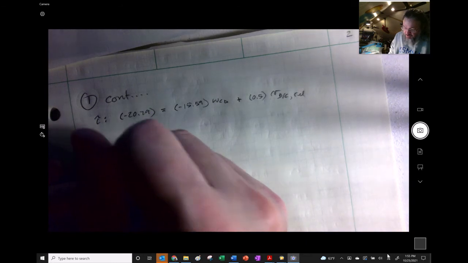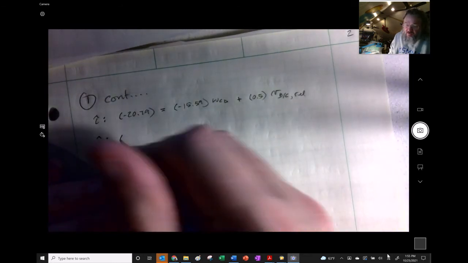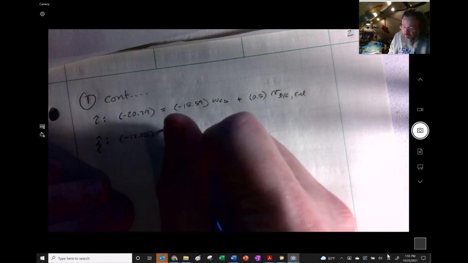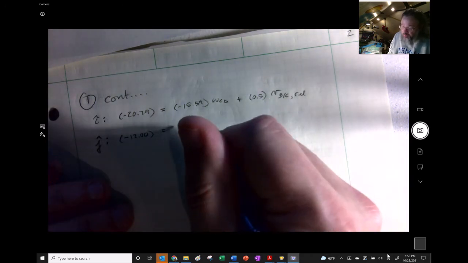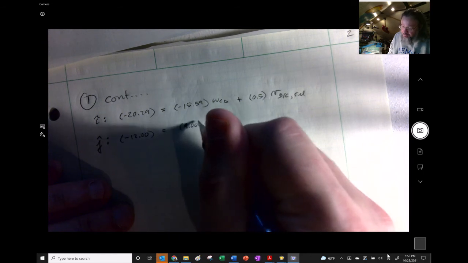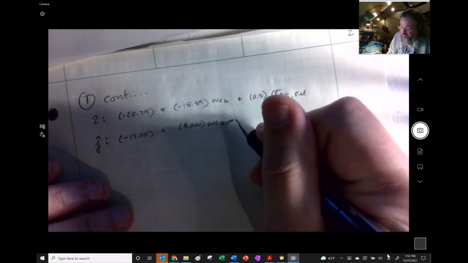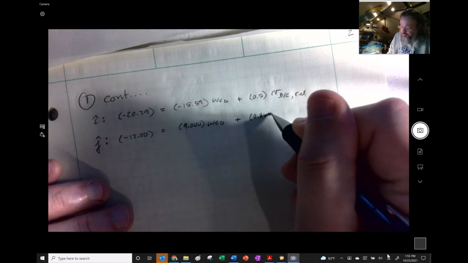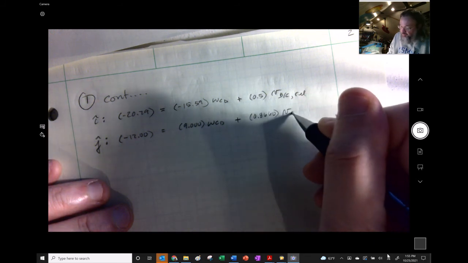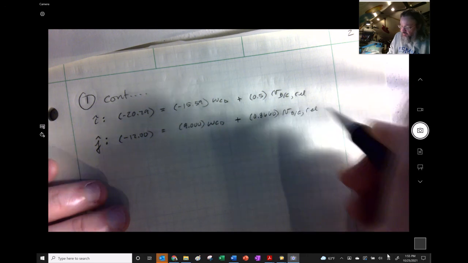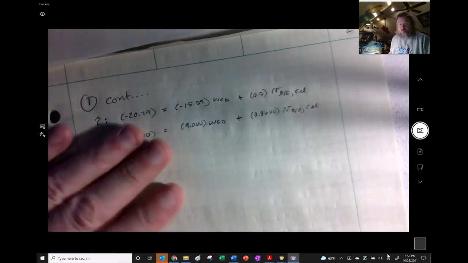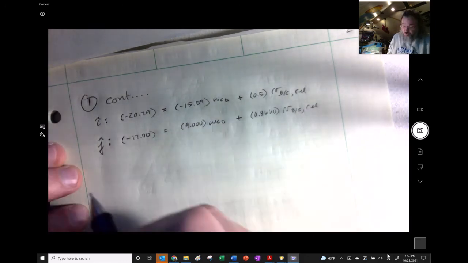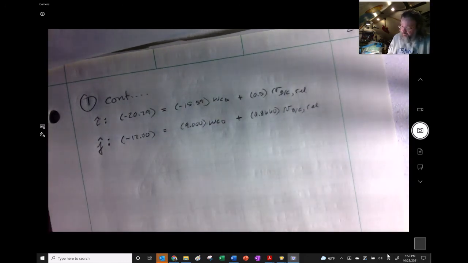And then J, we will have negative 12 equals 9 omega CD, and then plus 0.8660 VB with respect to C rel. So 2 equations, 2 unknowns, and we can solve them.